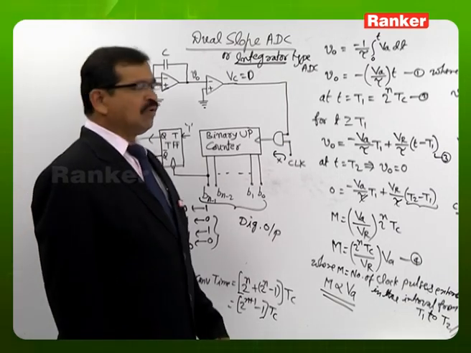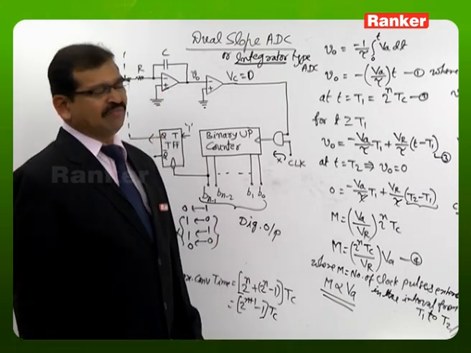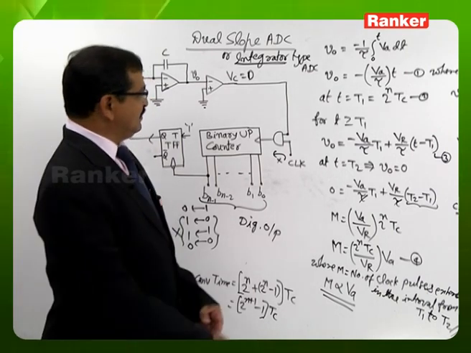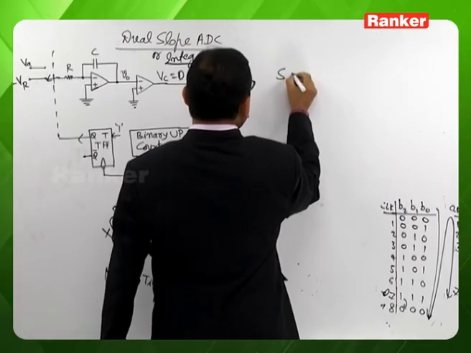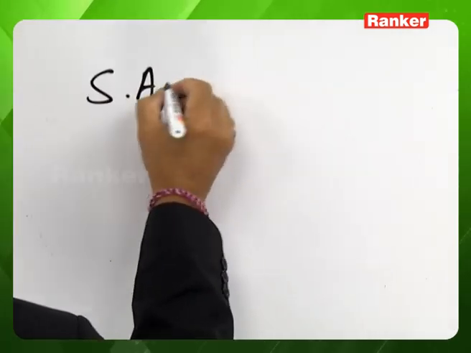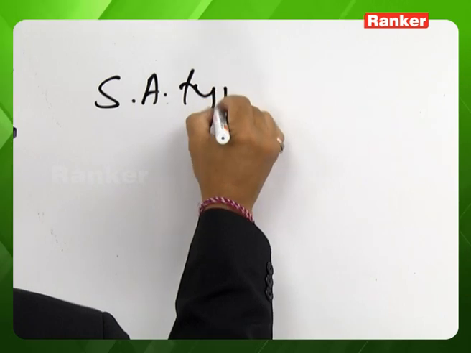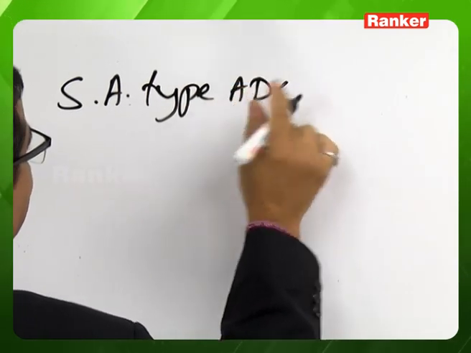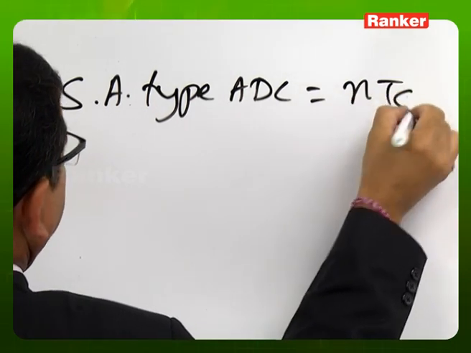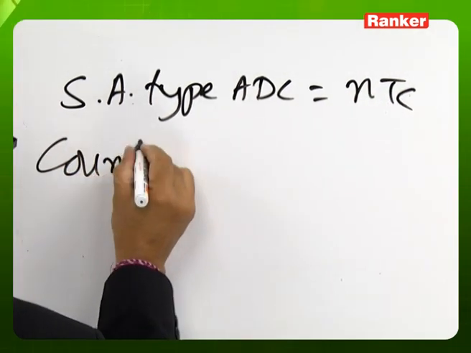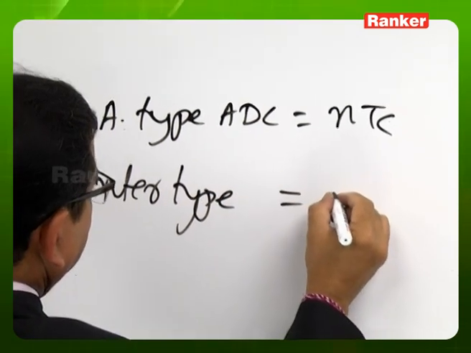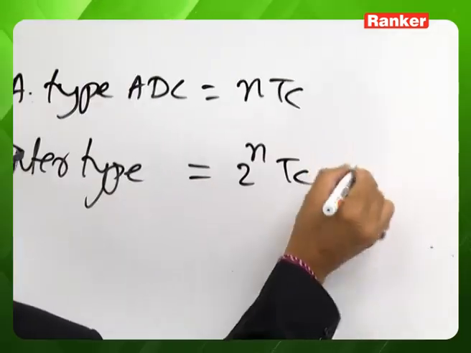Now based on this, we can look at why we named the first circuit as a flash type. If you consolidate, the successive approximation type ADC is having conversion time n into Tc. Counter type, for worst case, is 2 to the power of n into Tc.